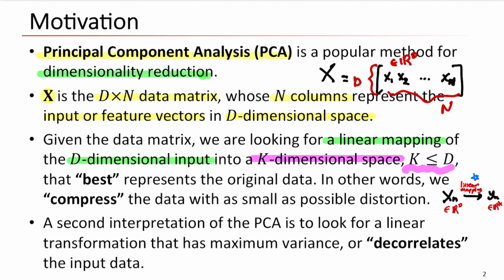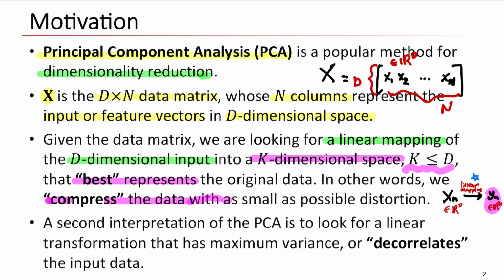PCA algorithm. Okay, so what is the desirable property of this yk? First of all, this yk should best represent the original data. In other words, we compress data with as small a distortion as possible.